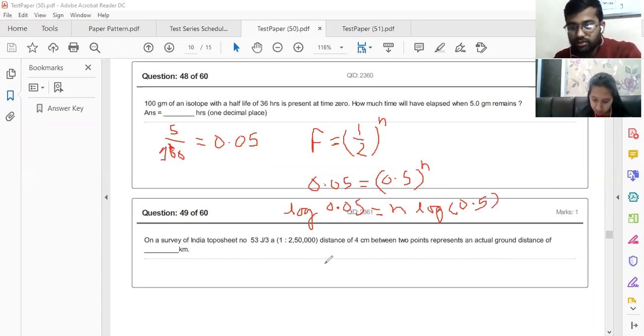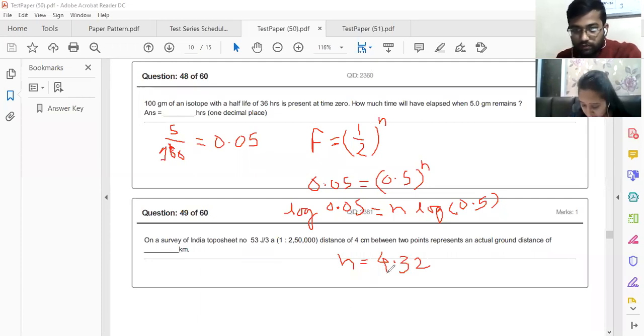Now calculate this. You need to divide log of 0.05 divided by log of 0.5 is equal to n. So n will come around 4.32.